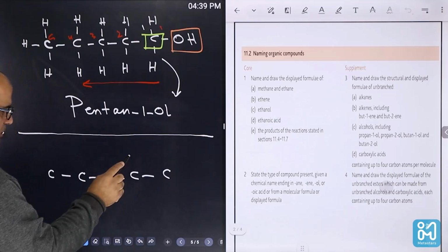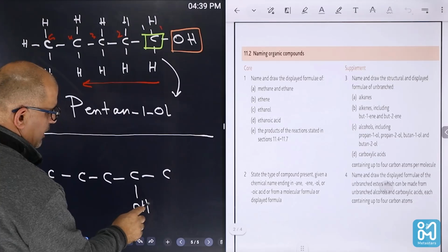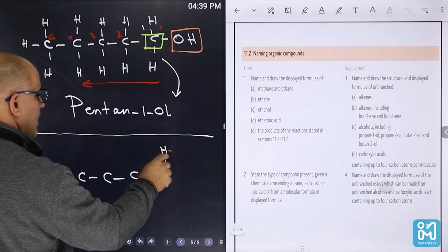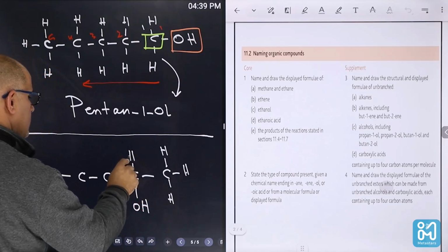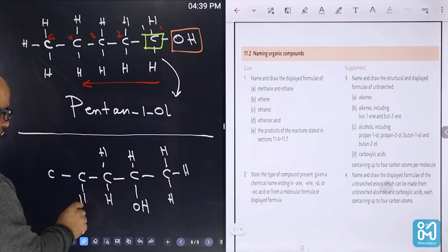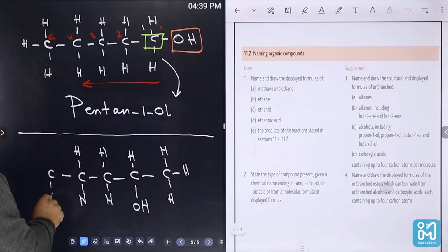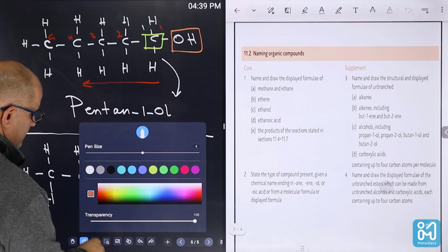So if you put the alcoholic group on this carbon like that, you will see that the term -ol comes on the second carbon.